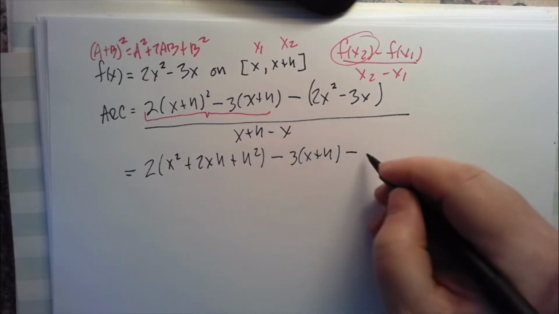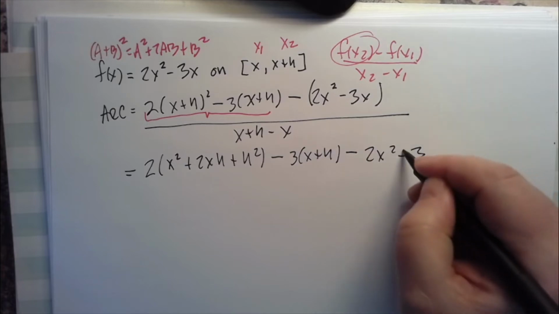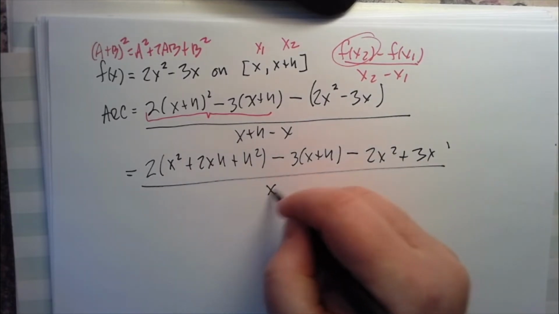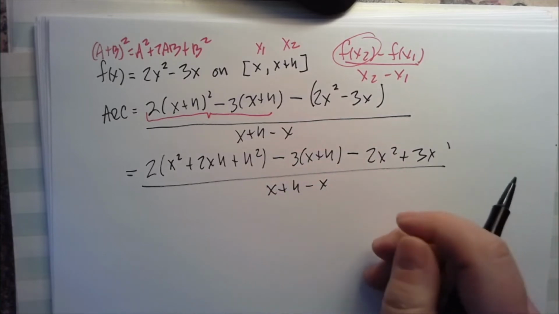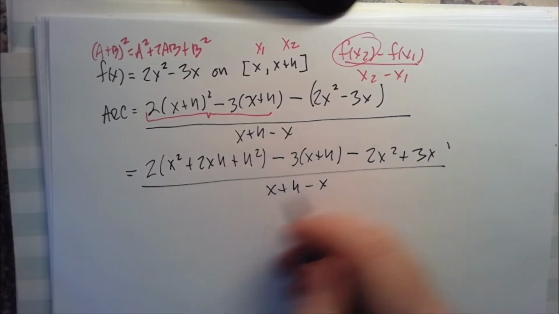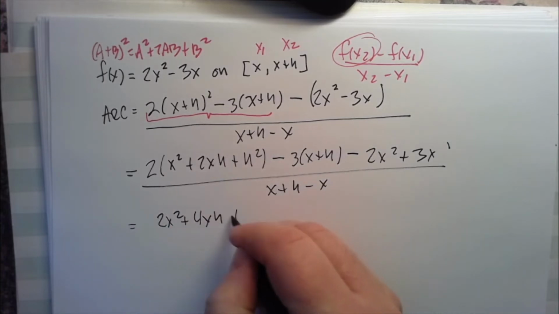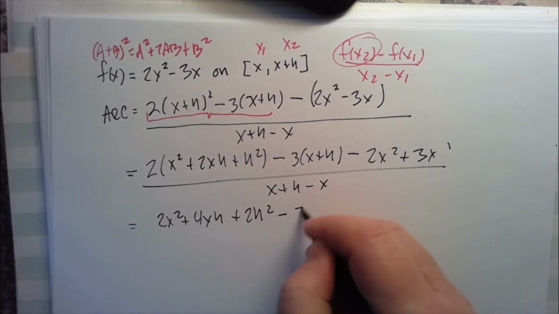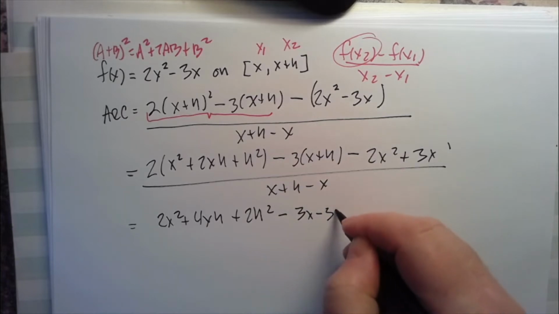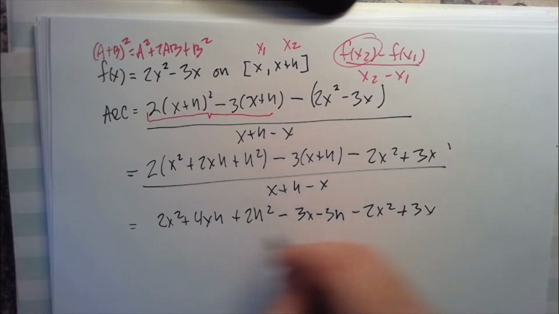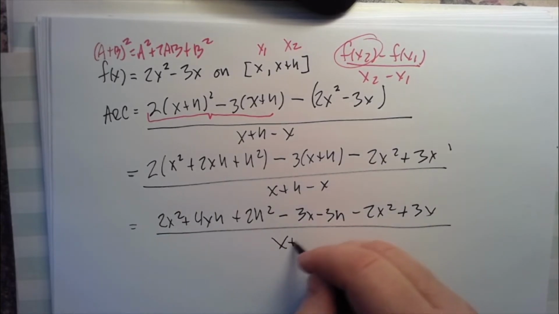Let's distribute this minus, so I get 2x squared minus plus 3x all over x plus h minus x. So let's distribute the 2 and the 3, so we get 2x squared plus 4xh plus 2h squared minus 3x minus 3h minus 2x squared plus 3x all over x plus h minus x.